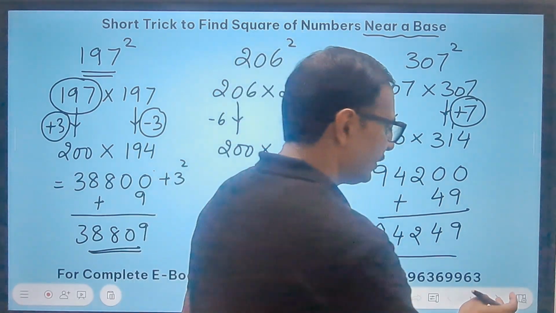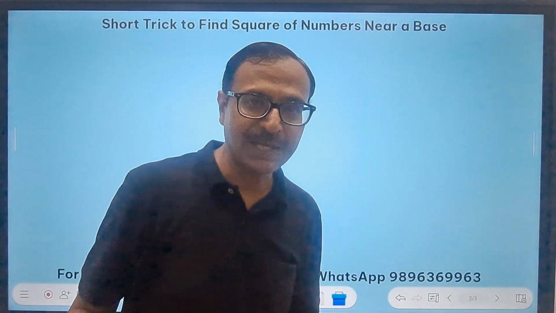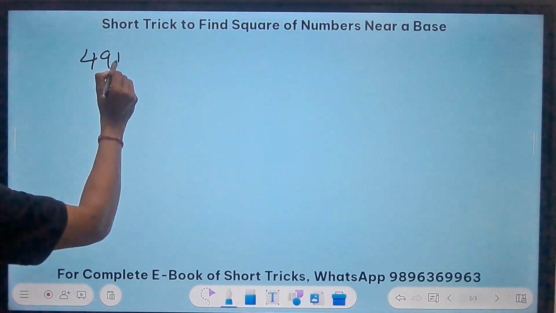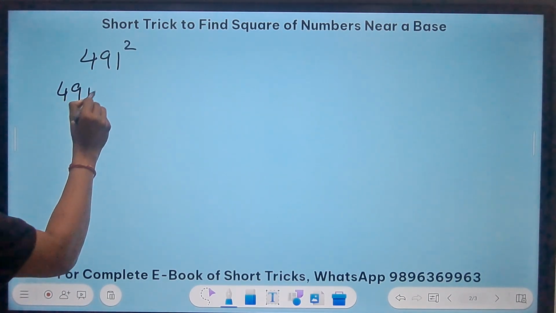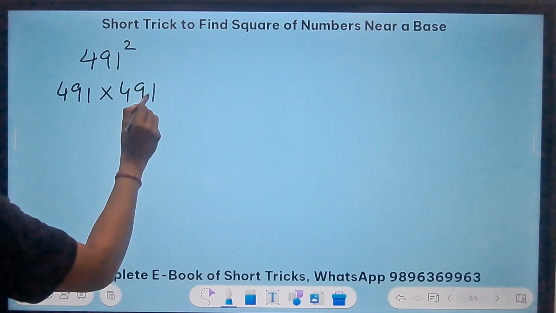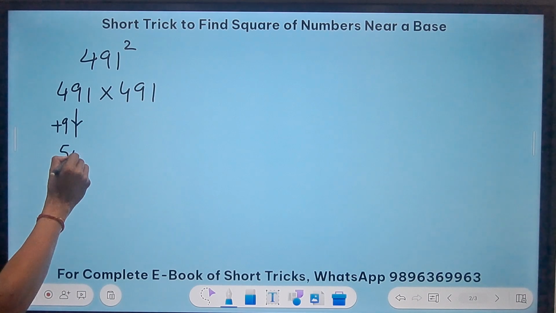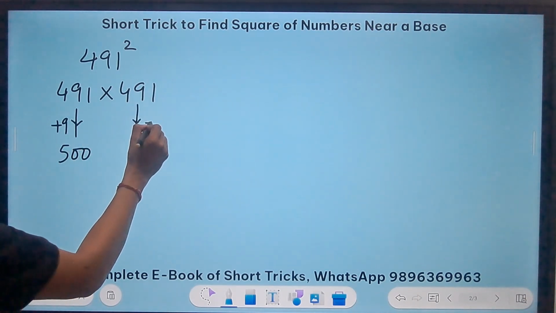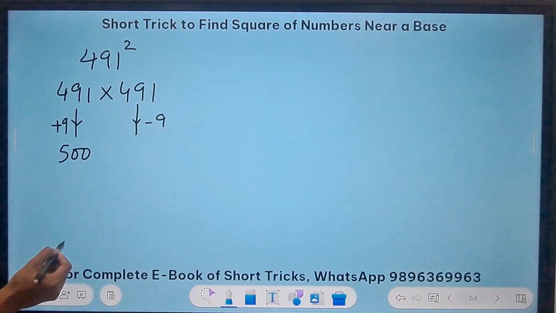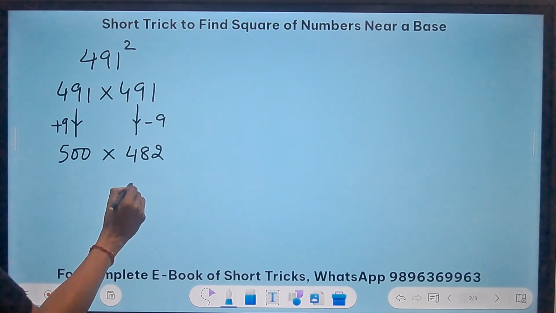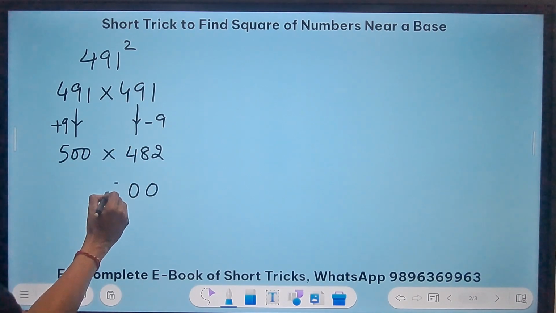Let me show you the beauty of this trick by taking higher numbers. Suppose I have 491 square. So 491 times 491. See, I am going to speed up now, okay? So if I increase this by 9, this becomes 500. So I have to reduce this by 9. So 491 minus 9 is 482, right? So double zero, 5 twos are 10, 0, 1 carry.